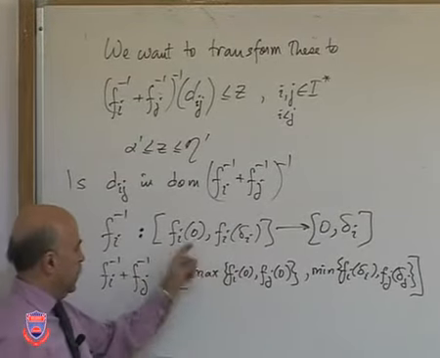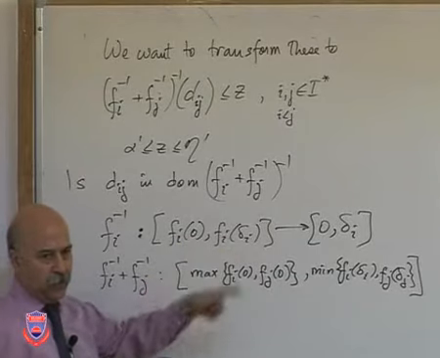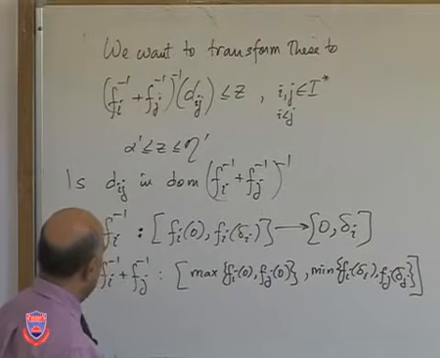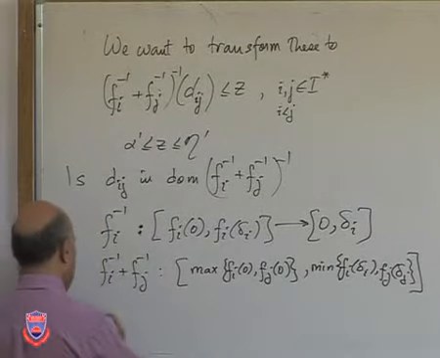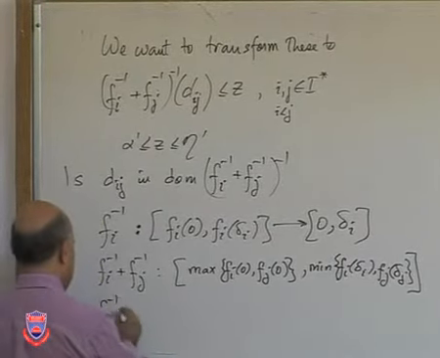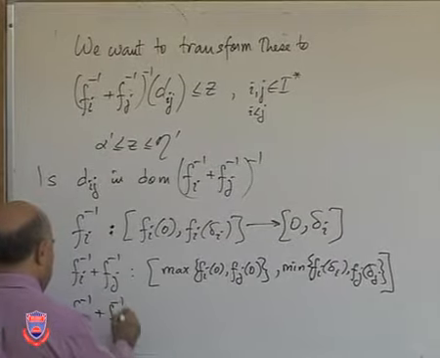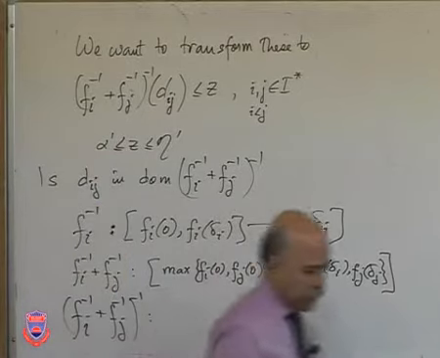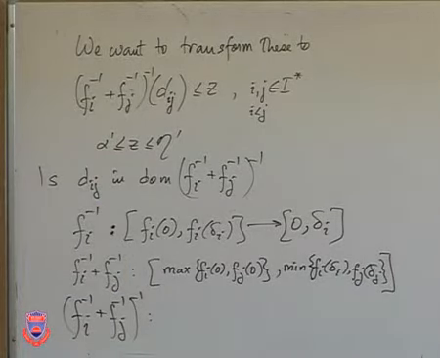The intersection is given by the maximum of the lower bounds and the minimum of the upper bounds. Okay? So the inverse of this, I better give names to these. Let me see what name I gave.